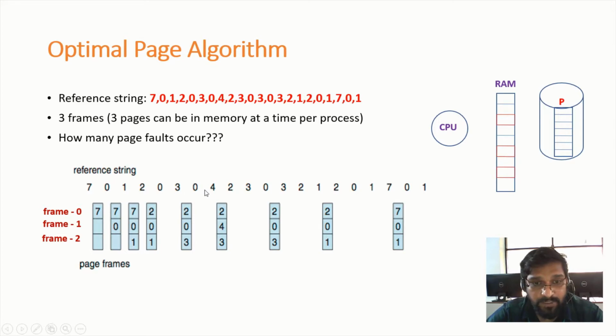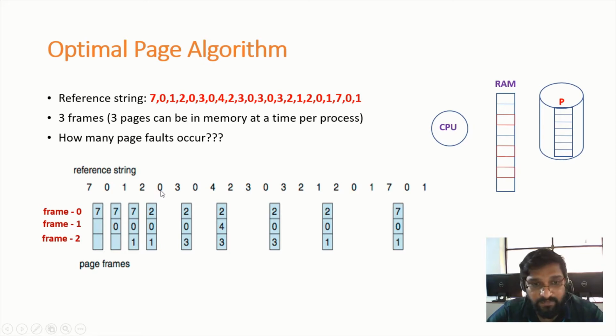As we move, we see that in the near future we need page number 1 also. Therefore page number 1 also should not be replaced, and the leftover is page number 7. So page number 7 is replaced with page number 2. After replacing, the contents of the RAM will look like this.